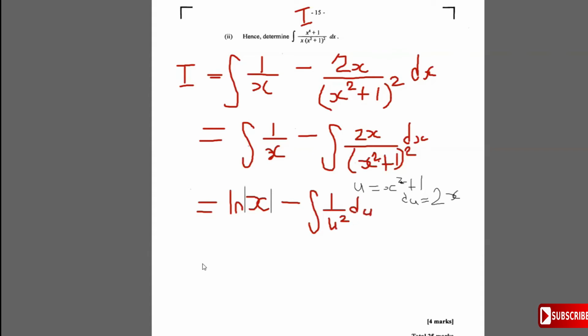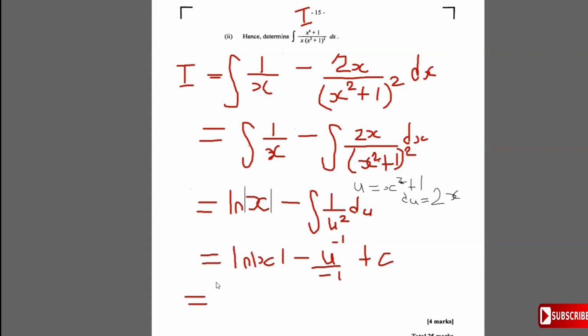And so what I'm getting is ln x, and it's ln mod x. Now to integrate u squared, it's going to become add 1 to the power, which is u to the minus 1, divided by the power of minus 1, plus c. Now what was u? Substitute back what was u.